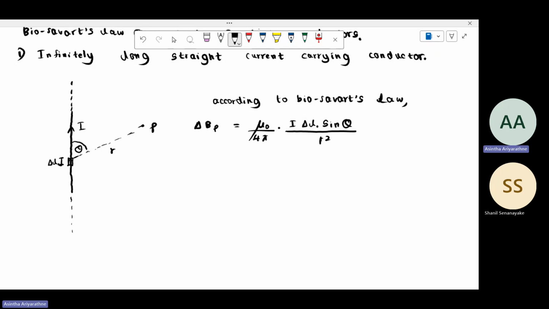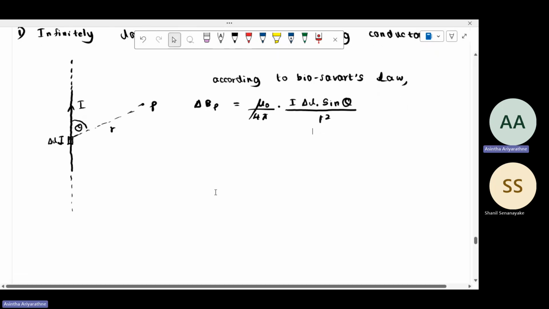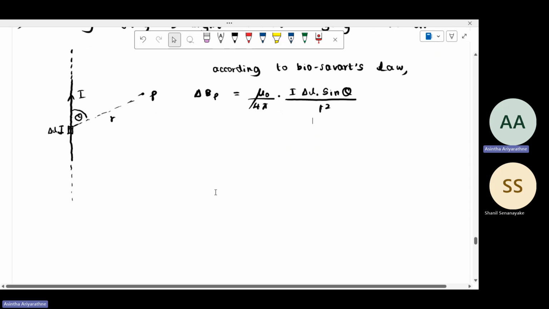So here we have to use integration, from minus infinity to plus infinity. So the maths students can try that. Use integration.